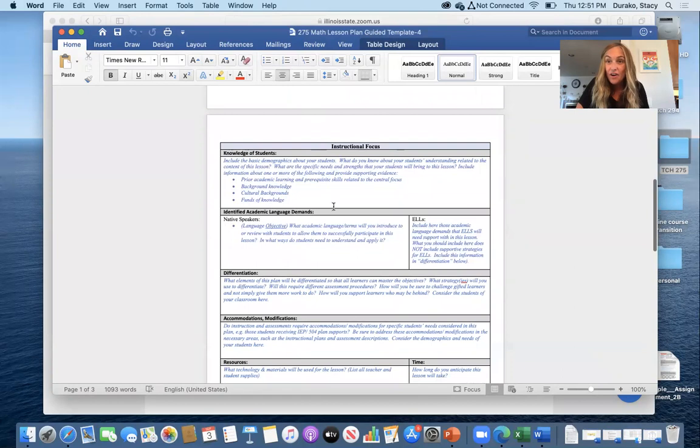So now we need to give our knowledge of the students, basic demographics about your students. Now, unfortunately, we have a situation where some of you don't have students right now. So I would like you to just kind of list, for those of you that don't have students, this just can be what you're kind of looking for.